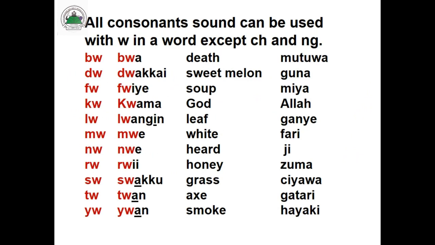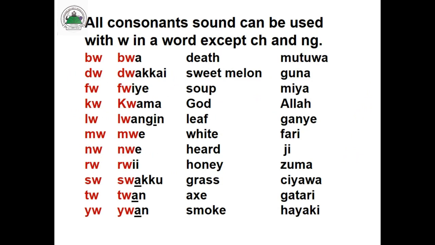And the next one, and we have an example there, mwe, mwe, which means white in English, fari in Hausa. And the next consonant there, and we have an example there, nwe, nwe, which means hurt in English, then ciwo in Hausa.